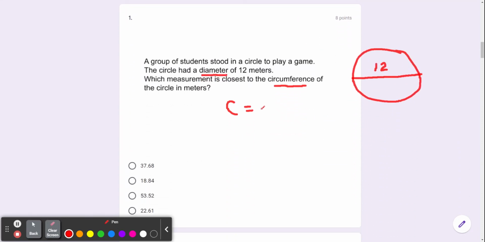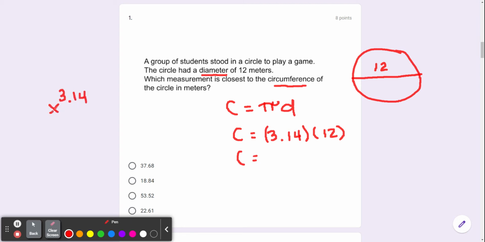And I'm going to do this 2 ways. First I'm just going to write the formula, pi times diameter. So pi, we said, was 3.14 times the diameter, which is 12. So I can multiply that to get the answer, 3.14 times 12.